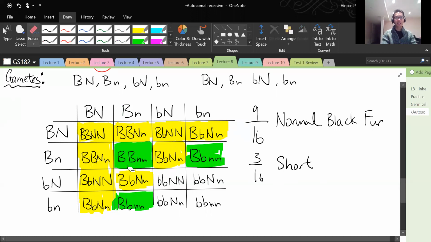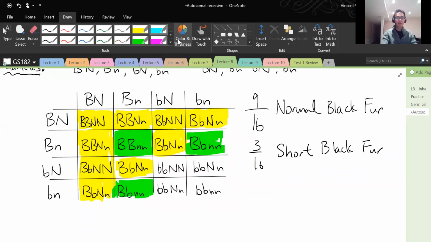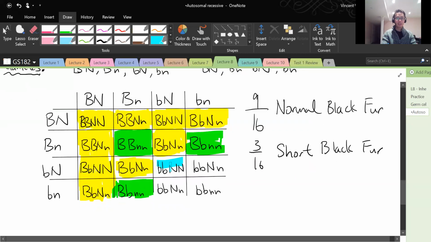And then what color is this? This is brown fur. Black fur. My bad. Sorry. Very sorry. Okay. Yeah. Big B, right? Okay. And then long story short, we have these brown normal length. 3 out of 16.